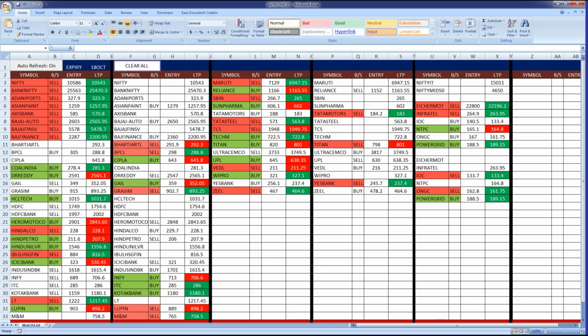I mean, 130 points up, 113 points up, and again down, and another 150 points down. So in this kind of volatile market also, there is a possibility of making very good profits. That is what I wanted to convey.